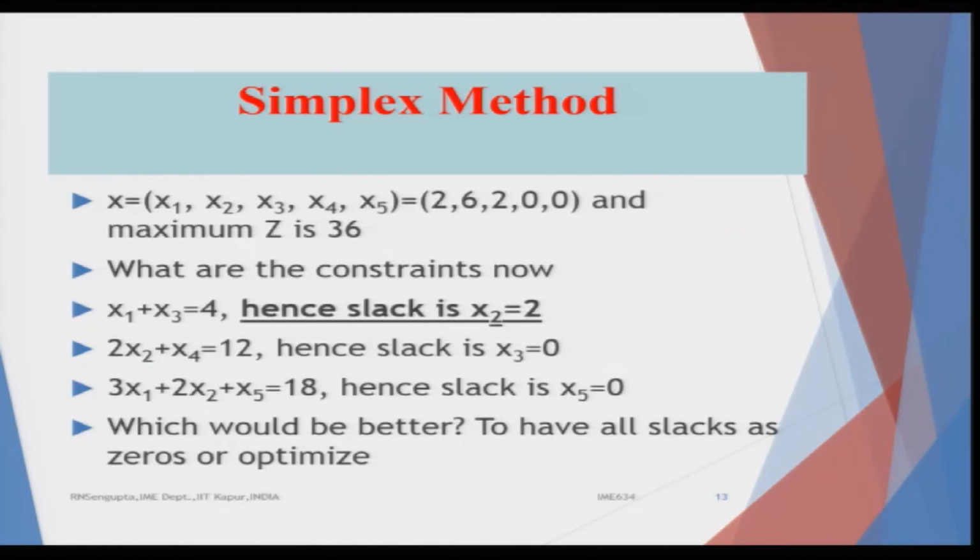So, this is the situation where we have stopped, but are you satisfied? Technically, I am mentally not satisfied, because I would like to utilize that 2 kg or 2 billion tons or 2 tons, whatever it is, of slack corresponding to plant 1 not being utilized.